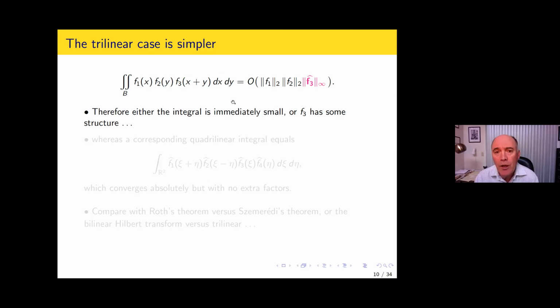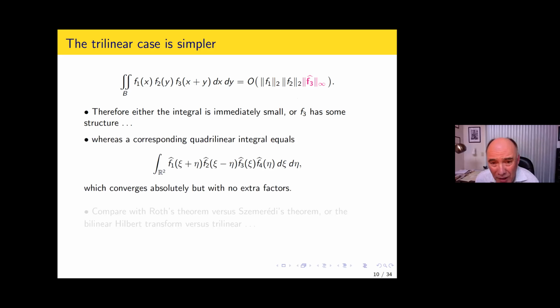But still, in that case, there's a very simple bound available. We can majorize the form by a product of the L2 norm of f1, the L2 norm of f2, and crucially, the sup norm of the Fourier transform of the third factor. What that means is that either this sup norm is small, in which case the integral is small, or the factor f3 has a certain kind of structure, namely it has a large Fourier coefficient.